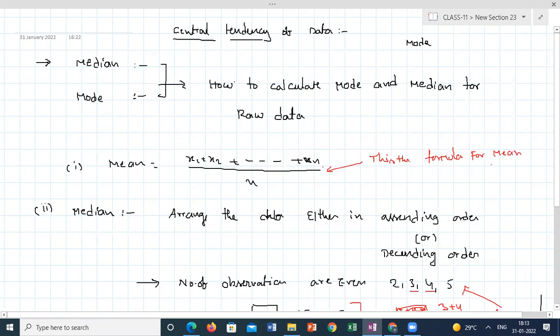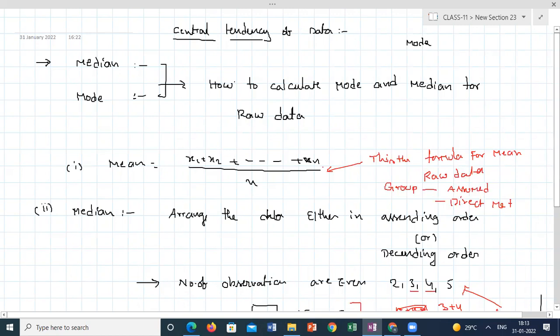Clear what I'm saying, madam? Yes, sir. This is the formula generally used for raw data, and for grouped data also we have two different methods: the assumed mean method and the direct method.